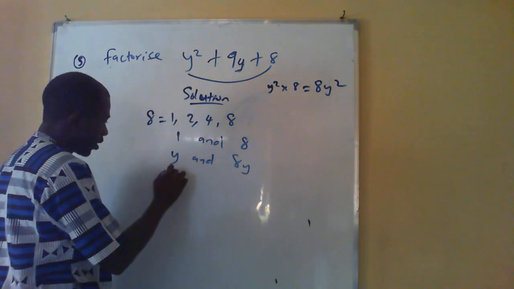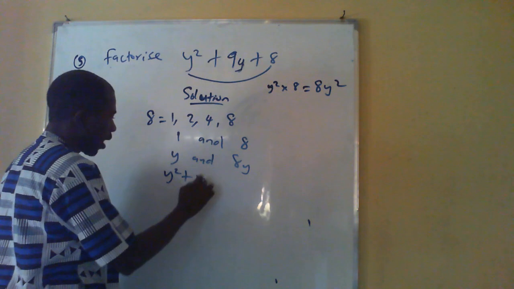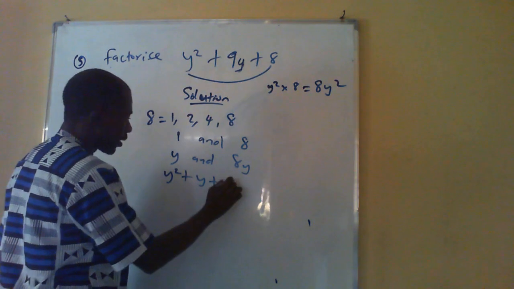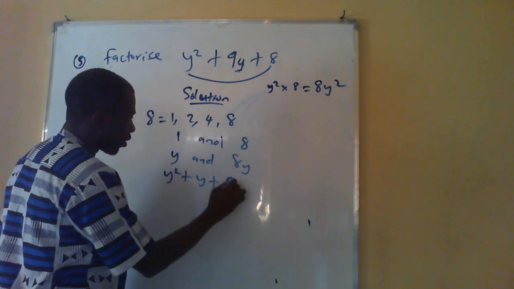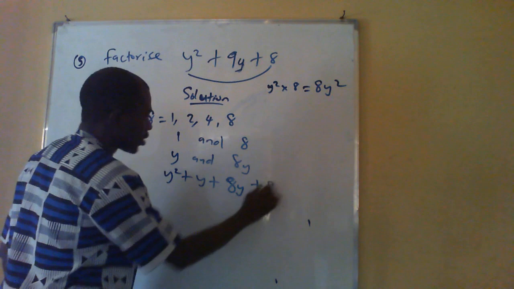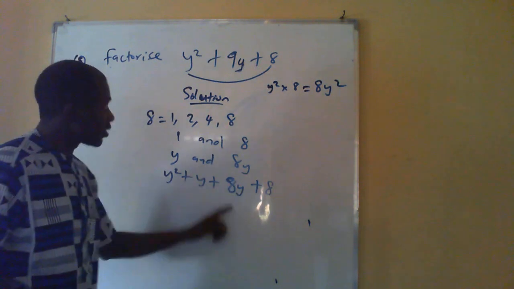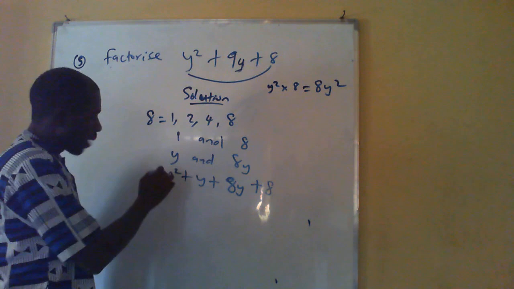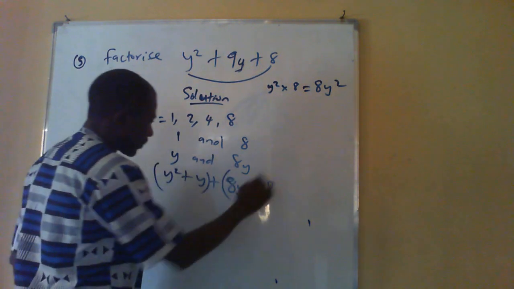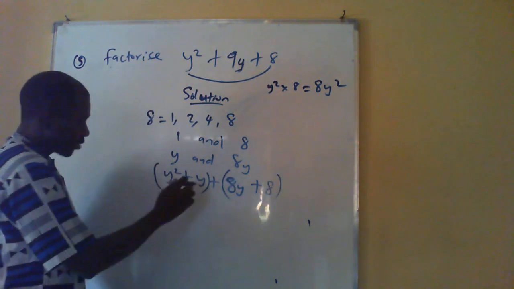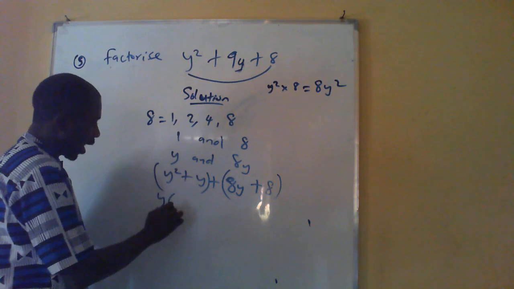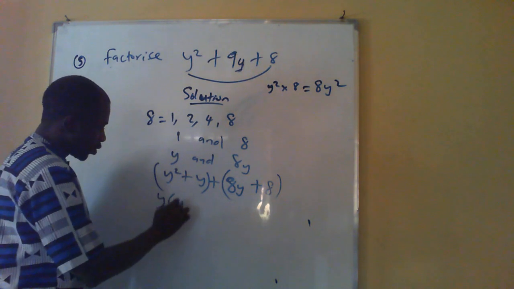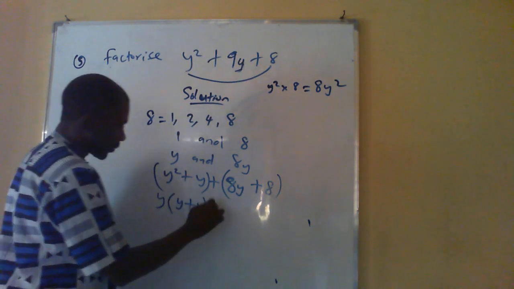So now what we write is y squared plus y plus 8y plus 8. Again, we apply factorization by grouping. We group them like this. The common factor here is y. Bring the y out, you'll be left with y plus 1, close bracket.